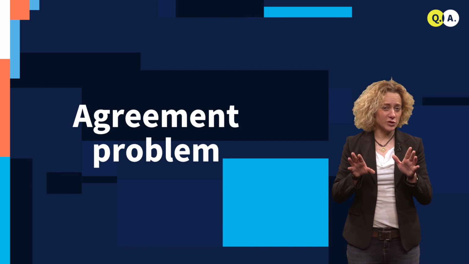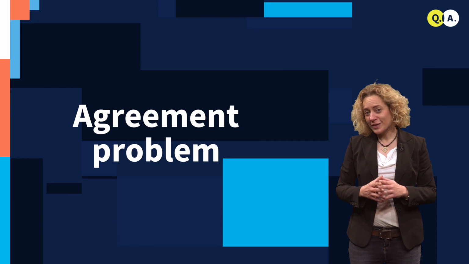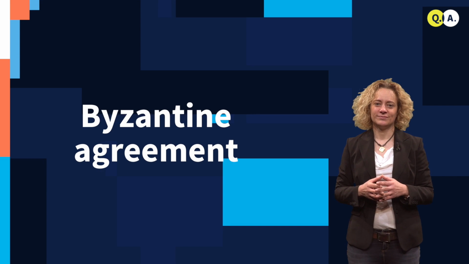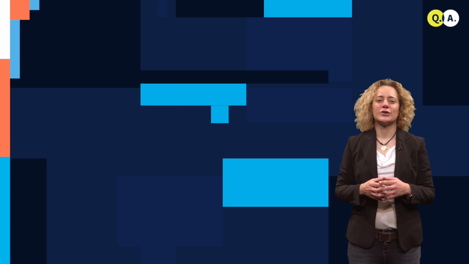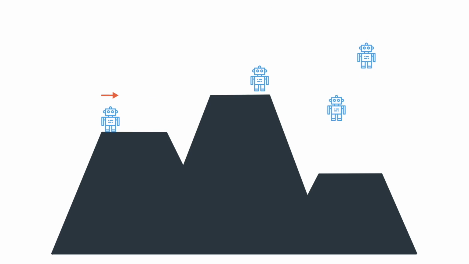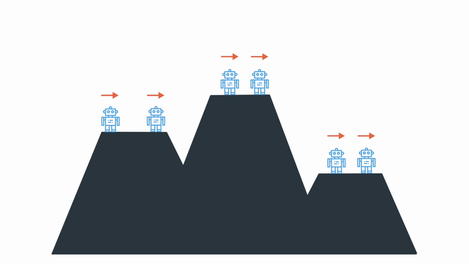If you think about the robots and the mountain, a very famous problem is the problem of Byzantine Agreement. Let's imagine we want to achieve agreement between these robots. For example, we want all the robots that are working correctly to walk in the same direction. So they should be walking either left or right, but it shouldn't be that half of them walk to the left and the other half walk to the right.